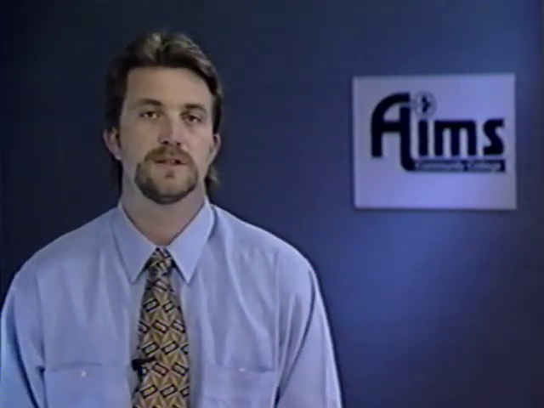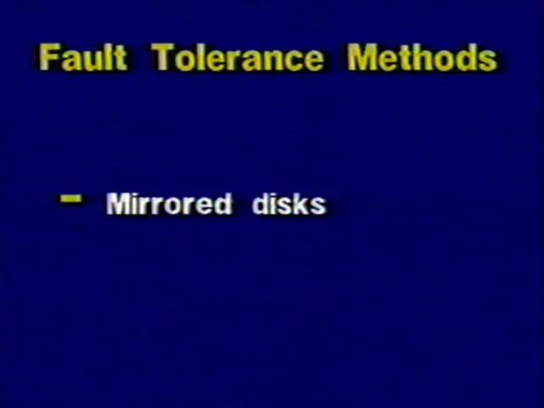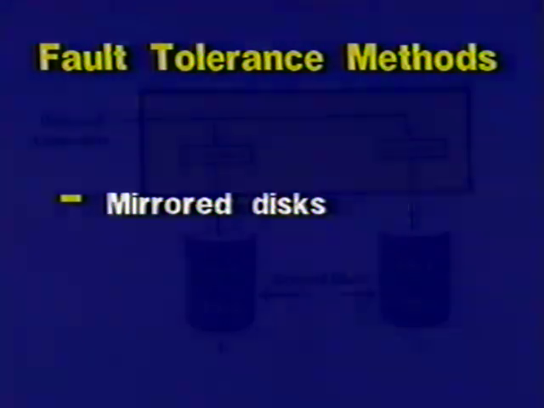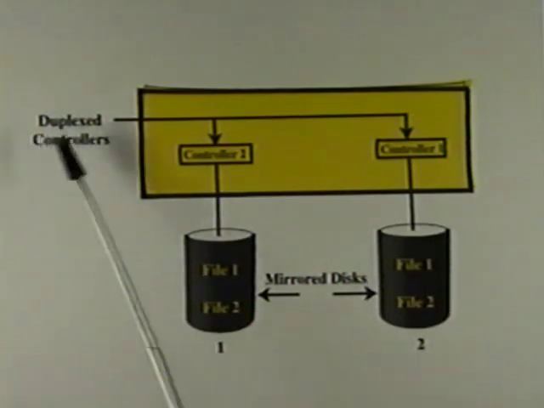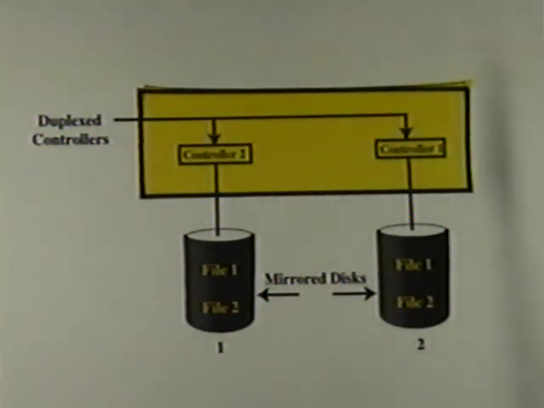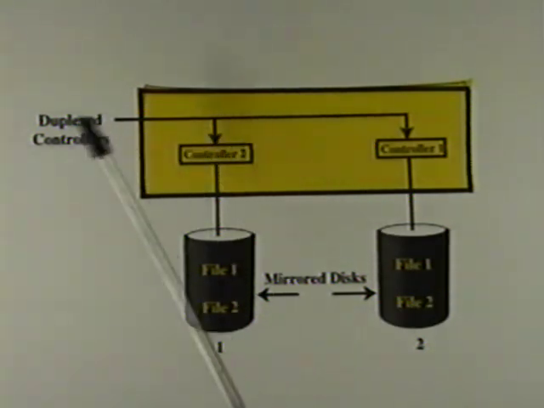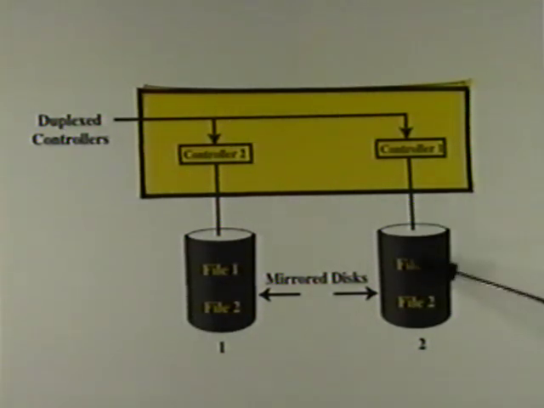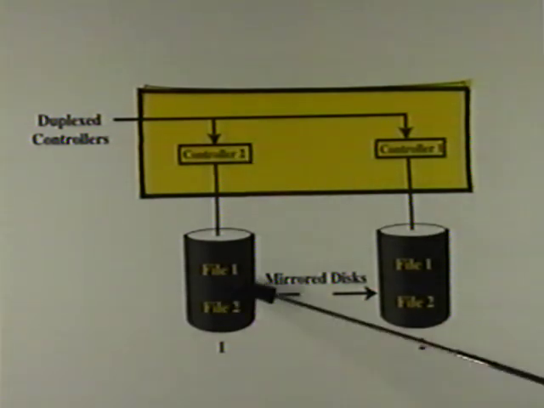The next method is called mirrored disks, and this method is actually best explained with the use of a graphic. The fault-tolerant method of mirrored disks essentially writes to two disks. So we have two controllers, called duplex controllers, that perform the same operation, and data is going to come across the bus and it's going to be written to file 1.